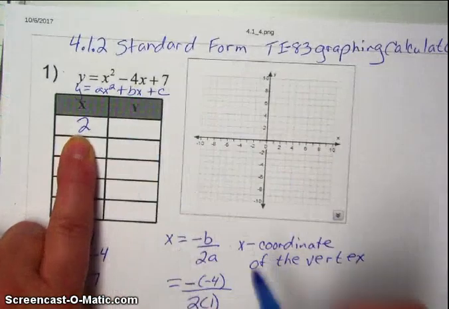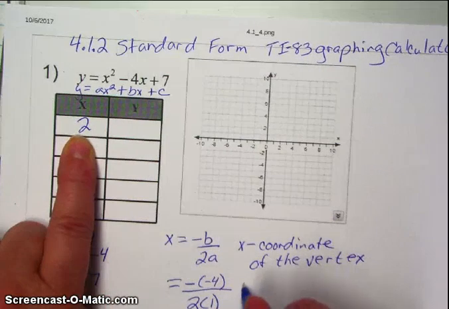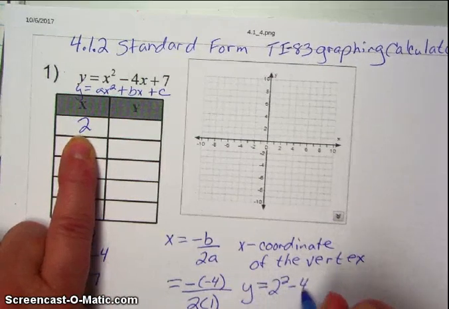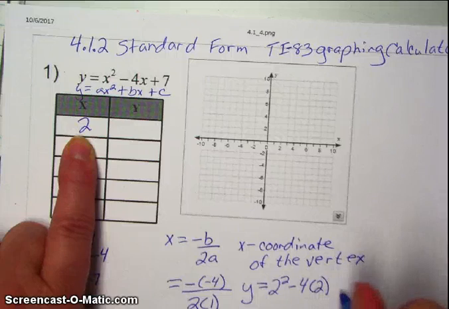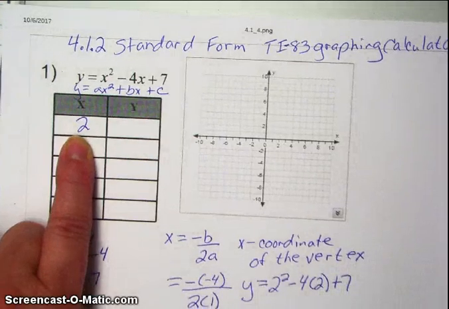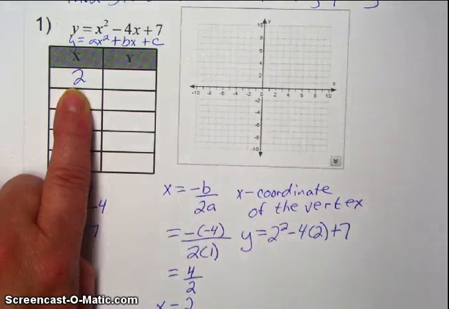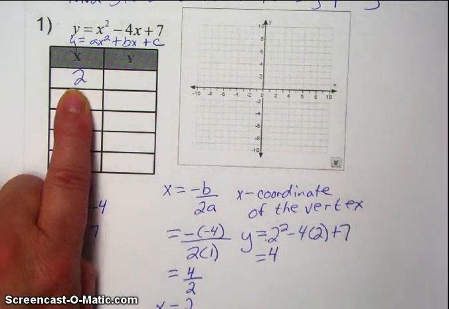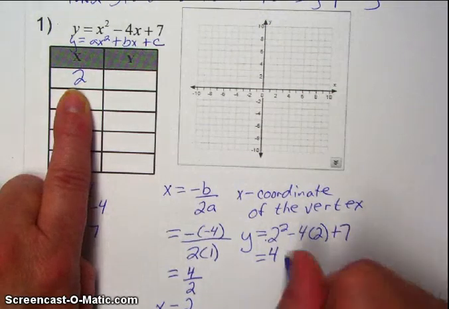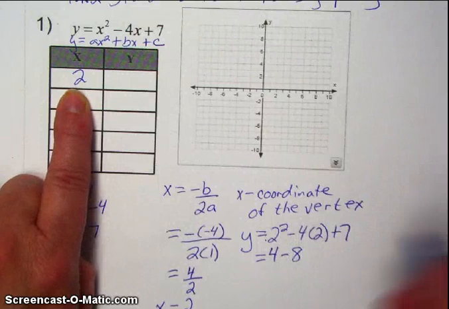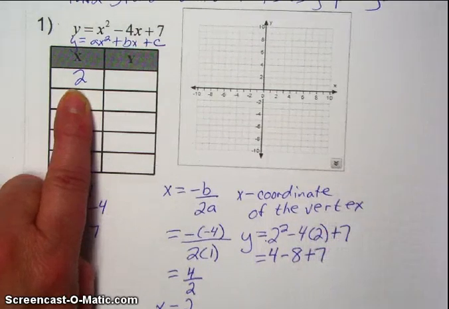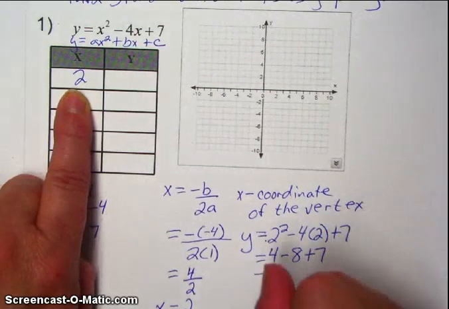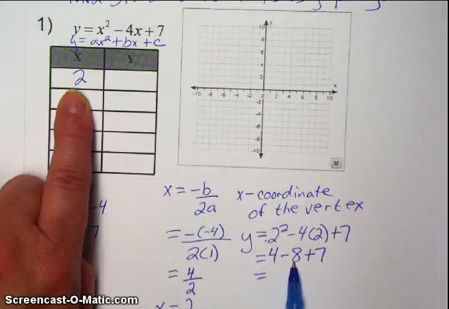So for my y coordinate, y equals 2 squared minus 4 times 2 plus 7. 2 squared is 4. -4 times 2 is -8. Bring down the 7. Then 4 plus -8 is -4, plus 7 is 3.